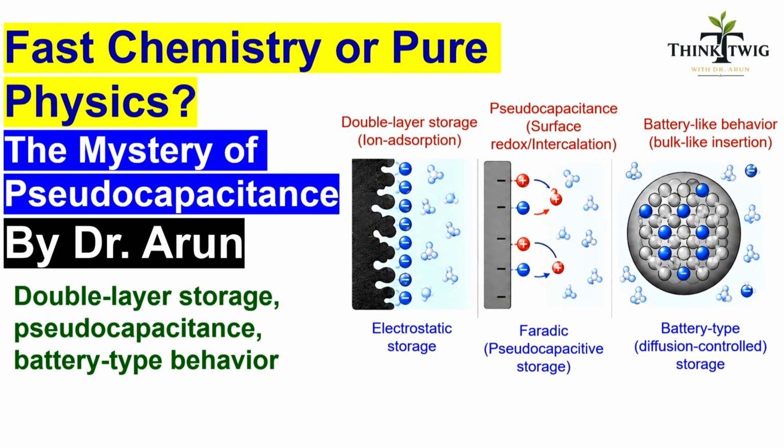In the previous video, we showed that an electric double layer can store charge without a redox reaction. So the ions rearrange at the electrode-electrolyte interface and the charge is stored mainly through electrostatic attraction. But today the situation changes.